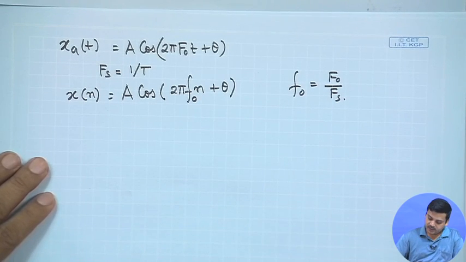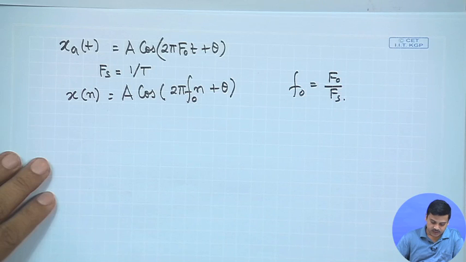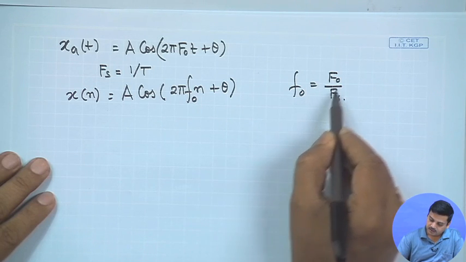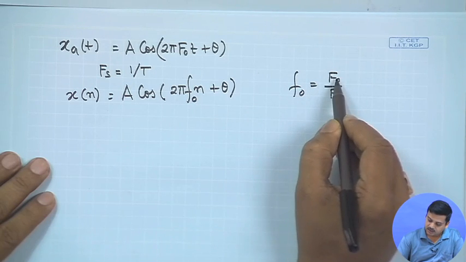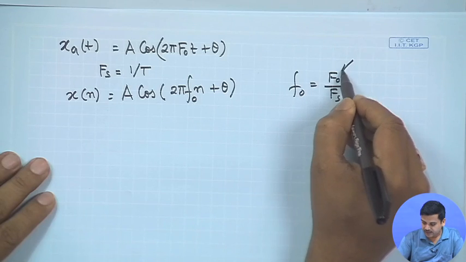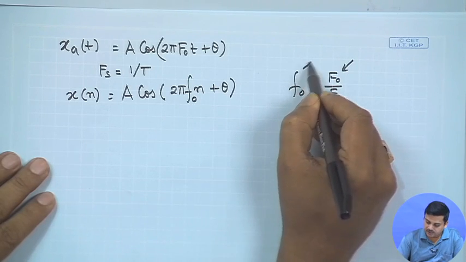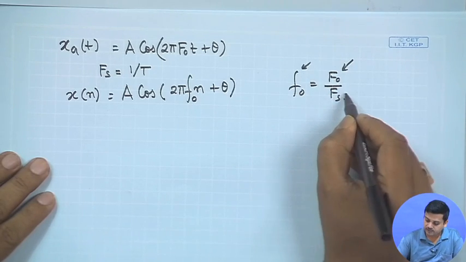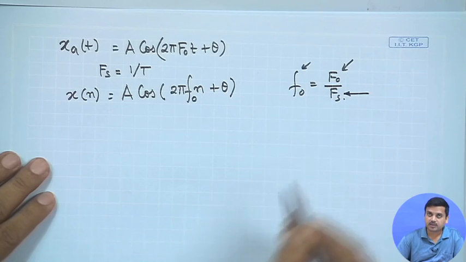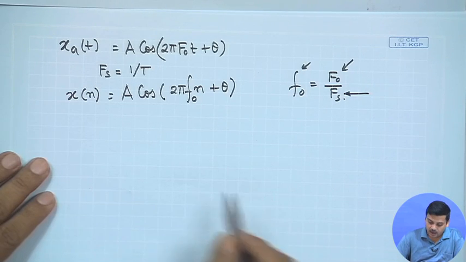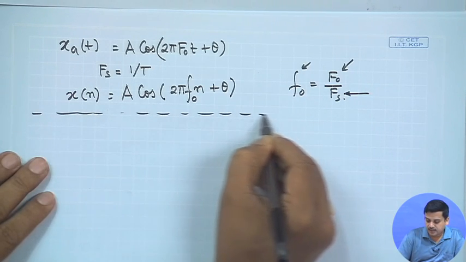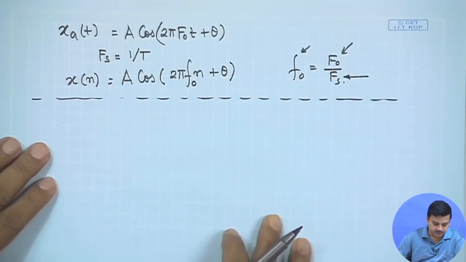Now, at this point, it is interesting to note that we can find F 0 given small f 0 if we know this particular sampling frequency. However, there is a little issue with this description.